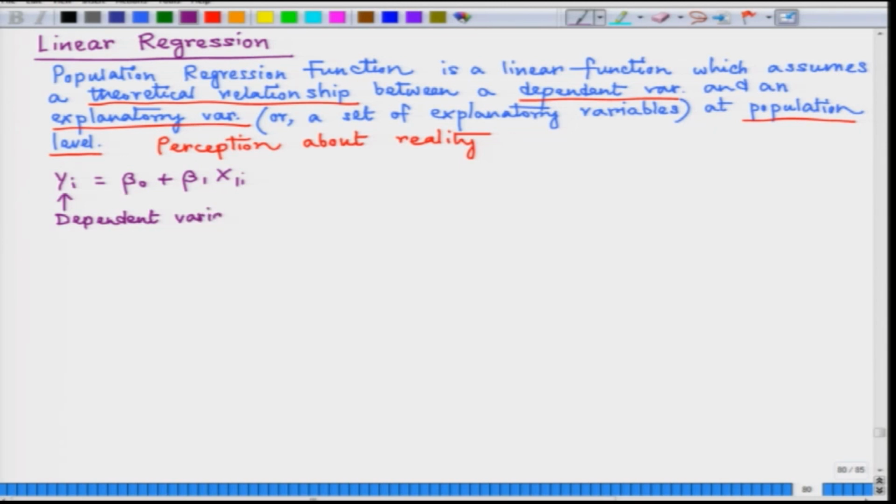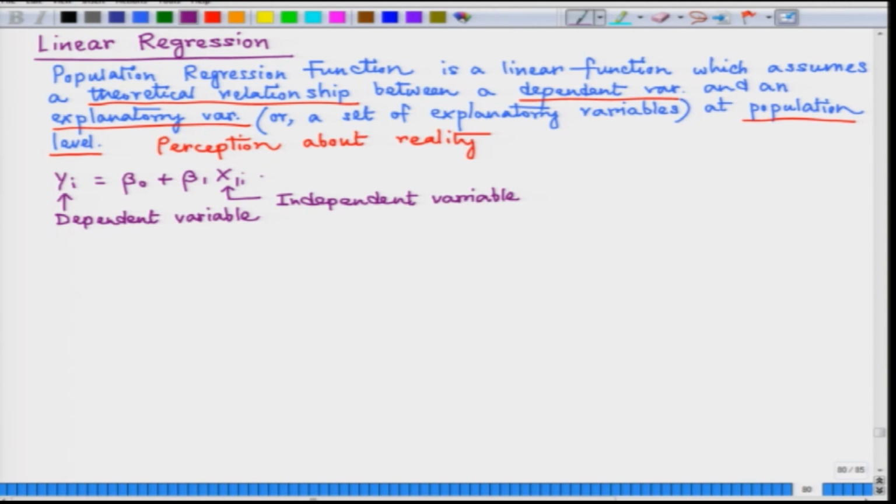So, a dependent variable is basically the variable whose behavior is explained through a model, and this x1 in this case is my independent variable, or explanatory variable.